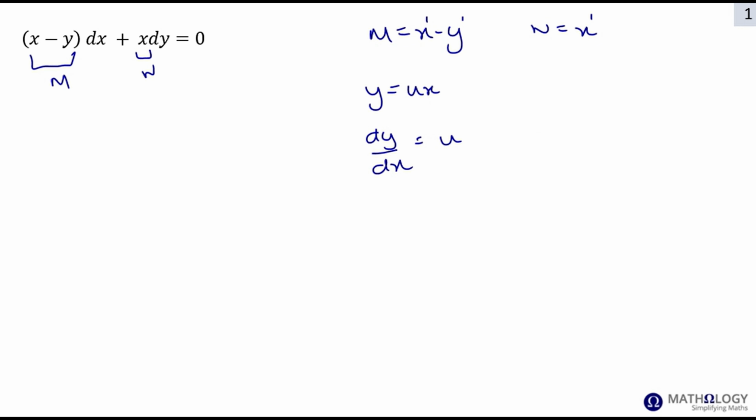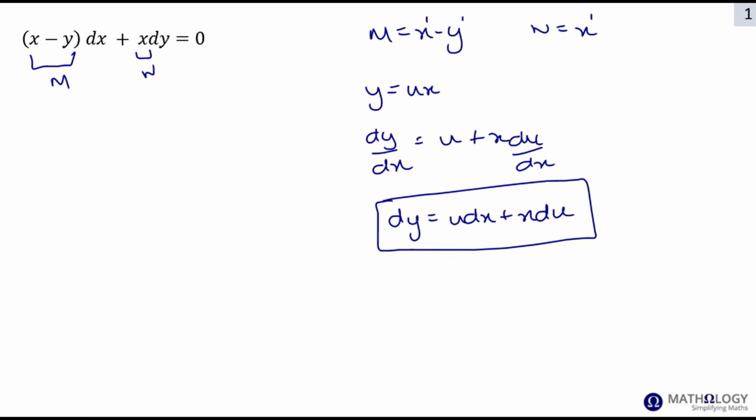Now we're going to hold x constant and differentiate u, so we'll have plus x du/dx. Cleaning this up into a more readable form, we have dy equals u dx plus x du.